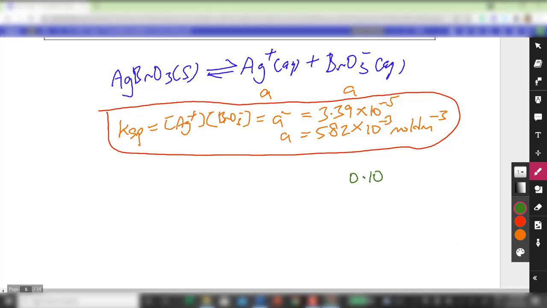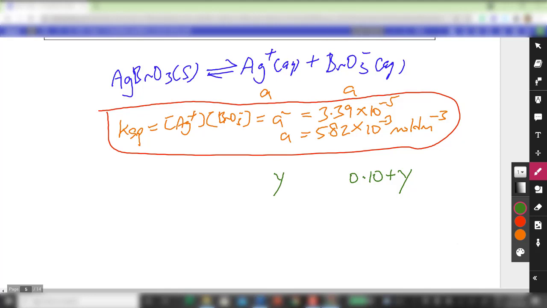Let's say the new solubility, we call it Y. When Y amount of silver bromate dissolves, the amount of bromate will increase by Y, so plus Y, and the amount of silver ion will go up by Y as well, from 0 to Y.